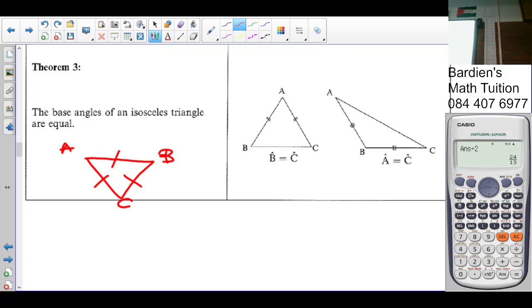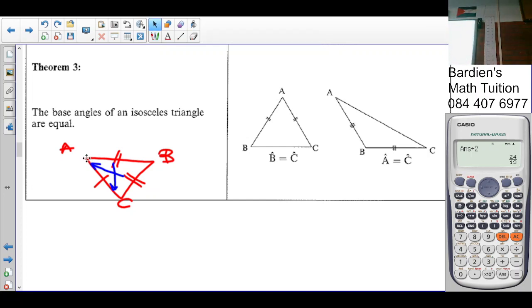So if AB is equal to CB, which angles are equal? A and C. Not AC. You're right, it's A and C, okay. It's angle A and angle C that are equal. Not so?